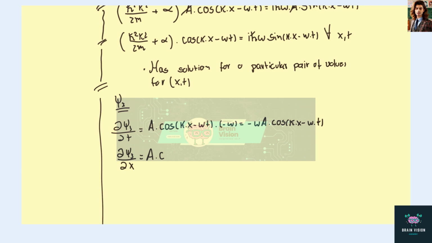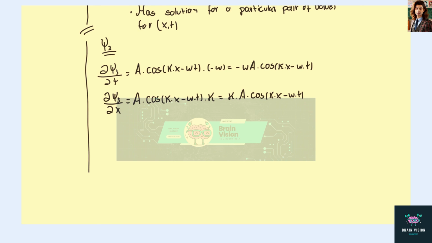This is a times the cosine again, but now we differentiate the argument of the cosine with respect to x, so this gives us an extra factor of k, and this is equal to k times a times the cosine of k times x minus omega times t. Again, the second derivative isn't trivial when we are working with the coordinate x. Therefore, we have to manually calculate it.